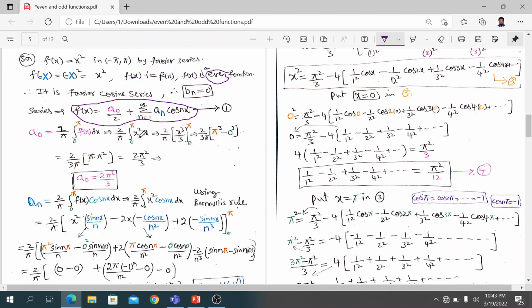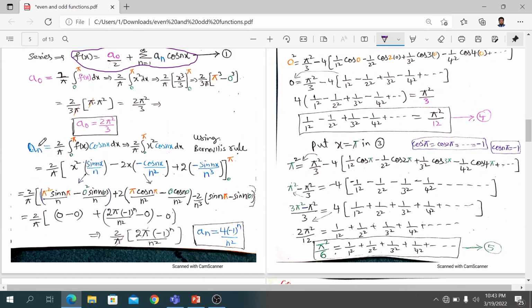X square. Integration of x square is x cube by 3. Now 2 by pi outside, upper limit pi cube, lower limit 0. Pi cube minus 0 cube. This pi cube I can write as pi into pi square, so that pi cancels. 2 pi square by 3 is the answer. So the a naught value is this one.